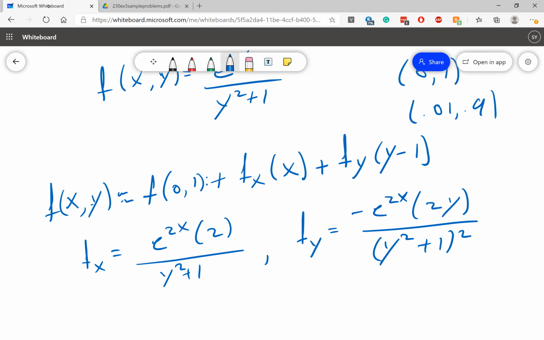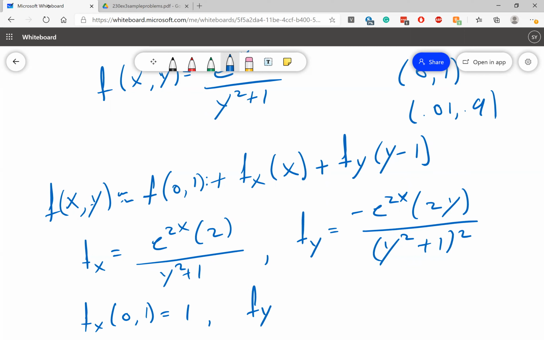So the partial of f with respect to x at the point (0, 1) is going to be 2 over 2, which is 1.